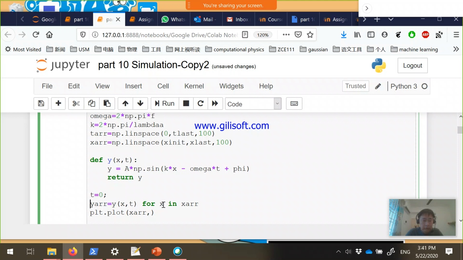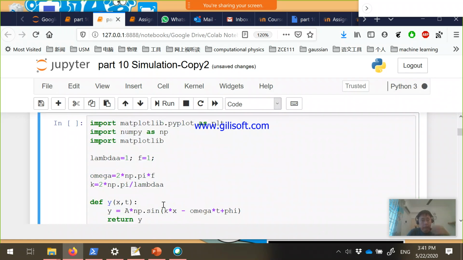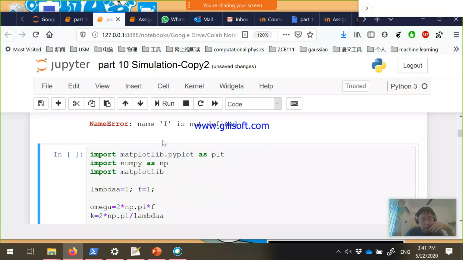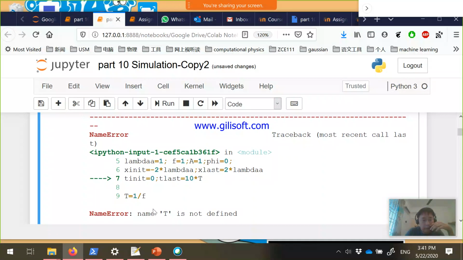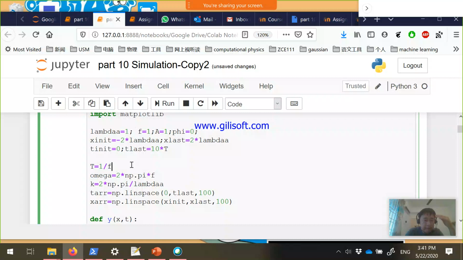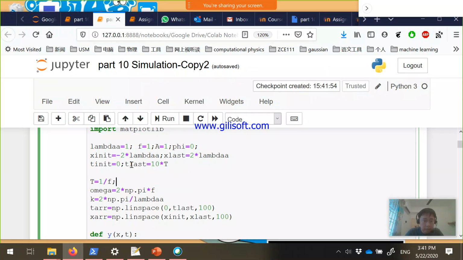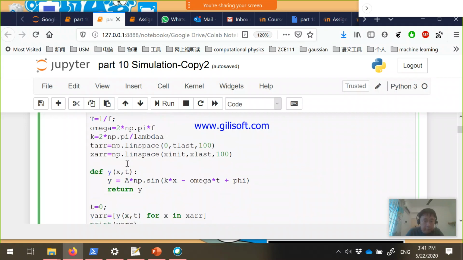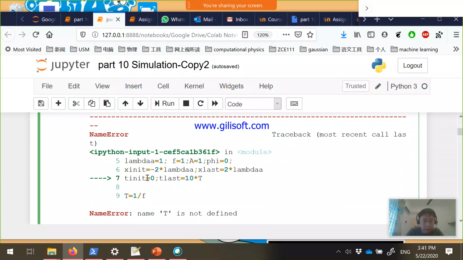That would give you the array of y. Let's see if this works. Let's print out y array. It is a y array. So I see not a number, because t is not defined. I don't have t defined already. T is 1 over f, so it should be defined, but for some reason it isn't defined well.